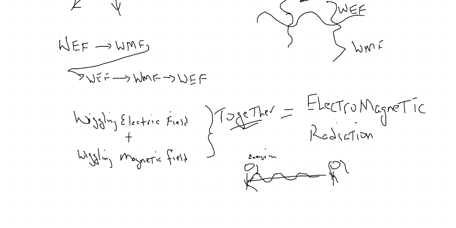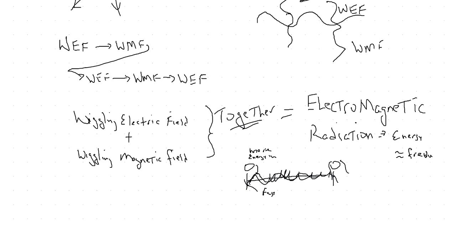If you wiggle it really fast, then you put more energy in. So it turns out this electromagnetic radiation, the energy is going to be proportional to the frequency. What do I mean by the frequency?